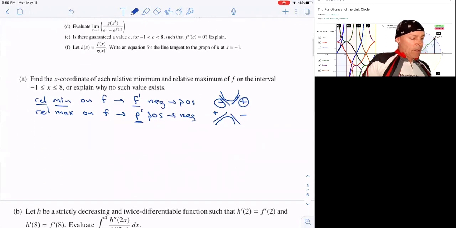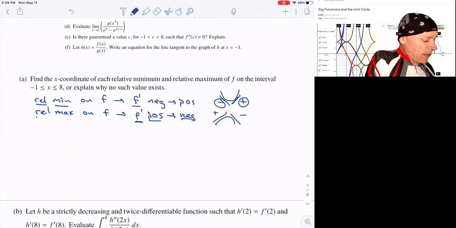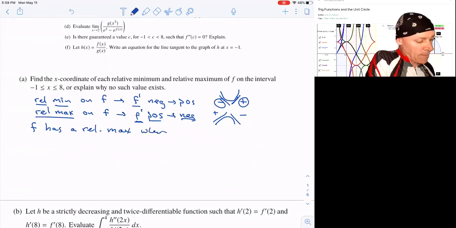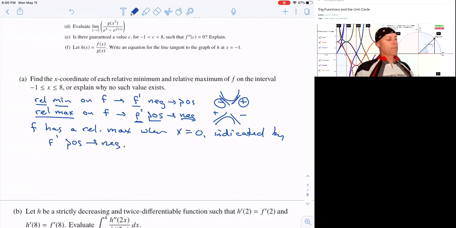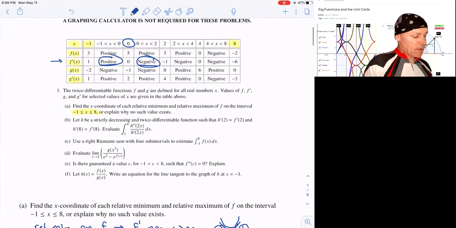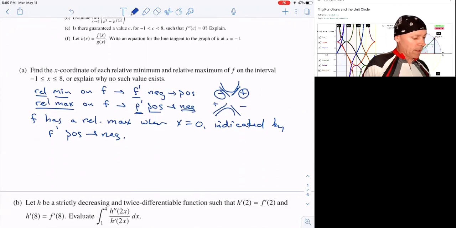So positive to negative means I'm just going to say f has a relative max when x equals 0, indicated by f prime going from positive to negative. That's all I've got. There's no relative minimums, and no other relative maximums other than that.